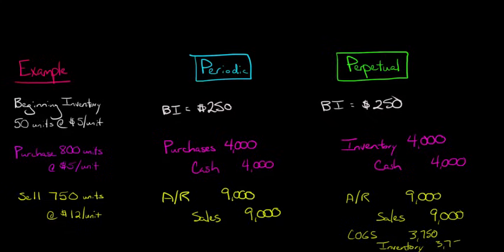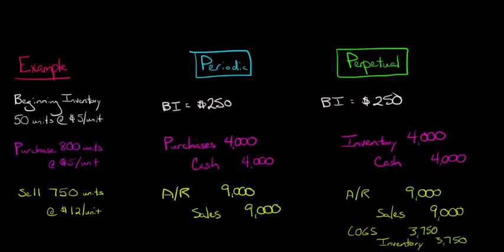So we're going to credit our inventory for $3,750. Remember, we said that we're continuously updating the inventory account with the perpetual method, whereas with the periodic method, we're not going to make an entry here. So I'm just going to put no entry to record the inventory, because we're going to deal with that at the end of the year, the end of the quarter, what have you.